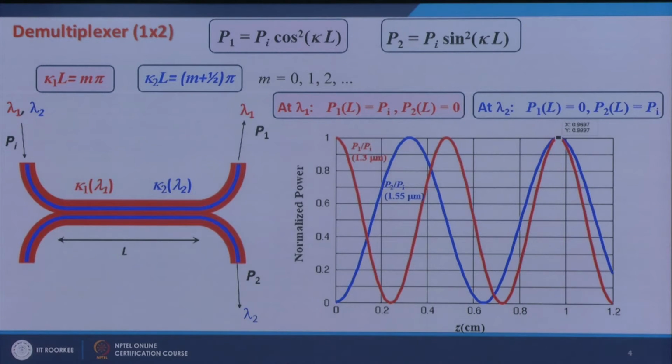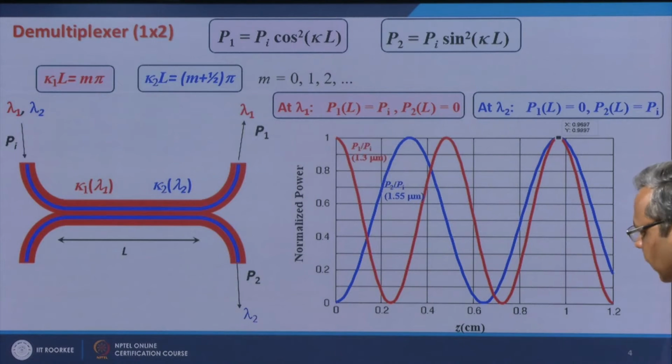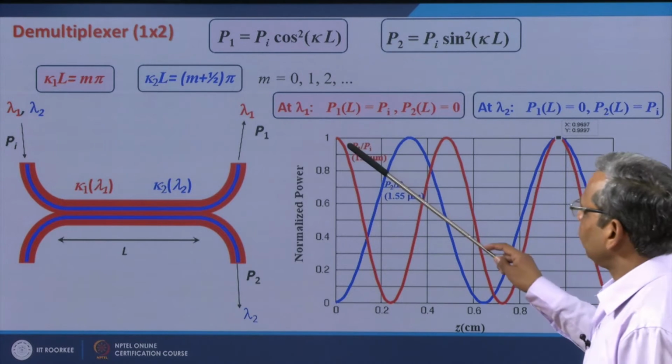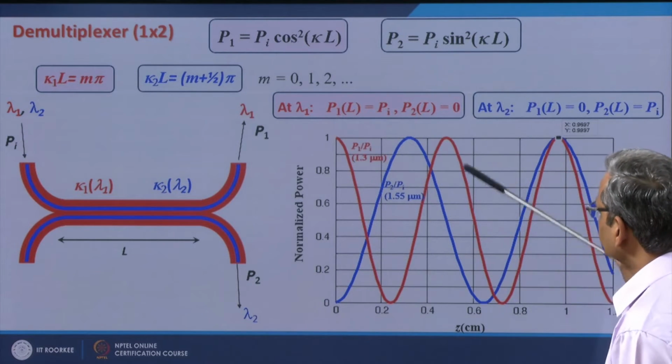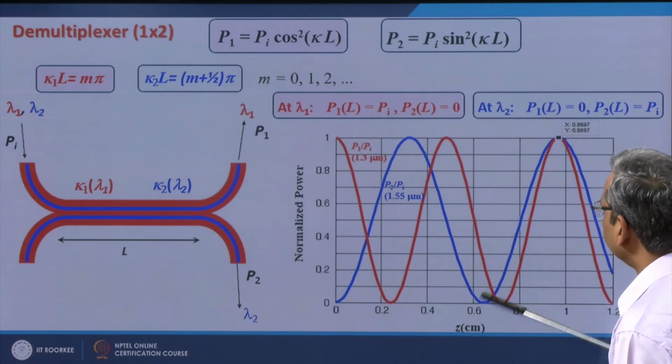Okay. If I plot normalized power, that is P1 over Pi or P2 over Pi as a function of Z, then how does it vary? P1 over Pi would vary like this and P2 over Pi would vary like this.